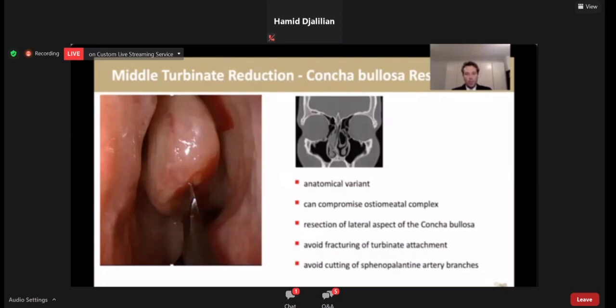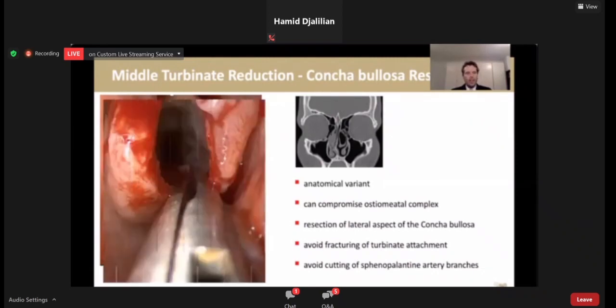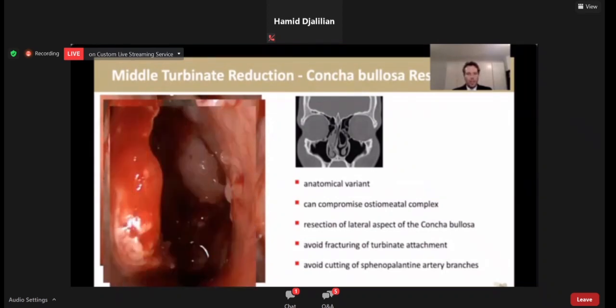And what we normally do is we resect the lateral aspect of this concha by doing an incision with a chisel knife, then going with a scissor, cutting through that to the back parts, and then removing the lateral aspect, as you can see over here. And now you have a nice view to the bulla ethmoidalis. And this is the starting point for further functional endoscopic sinus surgery procedures.